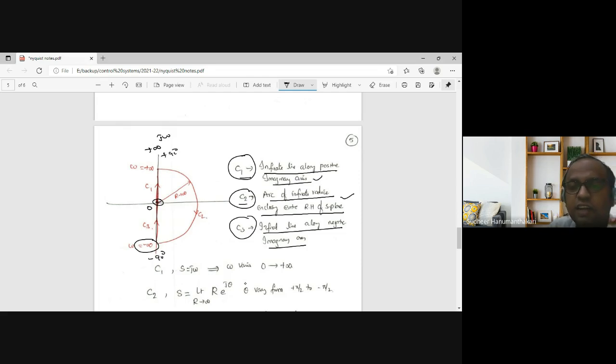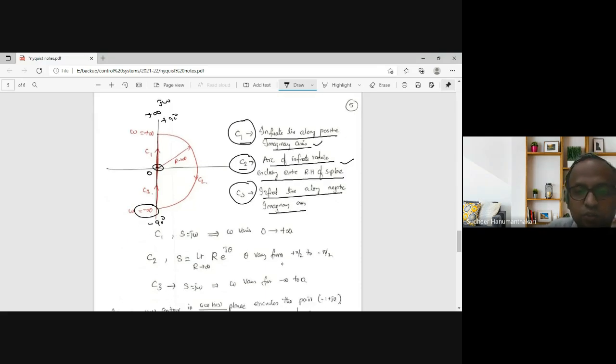C3 is the line starting from minus j infinity to 0. So what is C1? S equals j omega, where omega varies from 0 to plus infinity. What is C3? S equals j omega, where omega varies from minus infinity to 0. What is C2? C2 is an arc, with the limit R tends to infinity.